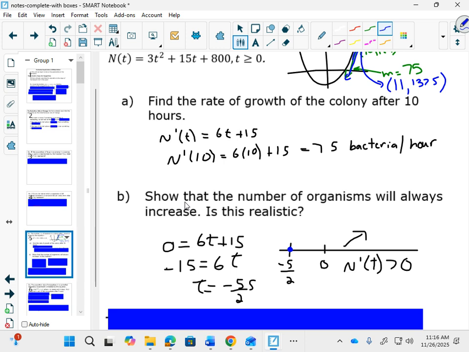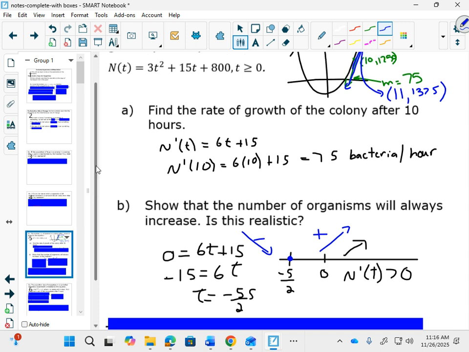When I plug in anything bigger than negative 5 over 2, I get a positive number. Anything less than negative 5 over 2, if I plugged in something like negative 7 into my derivative, I would get a negative number. We're going to find out graphically that whenever your derivative is positive, your graph is increasing. Whenever your derivative is negative, your graph is decreasing.